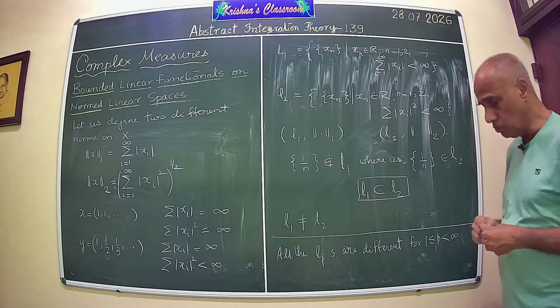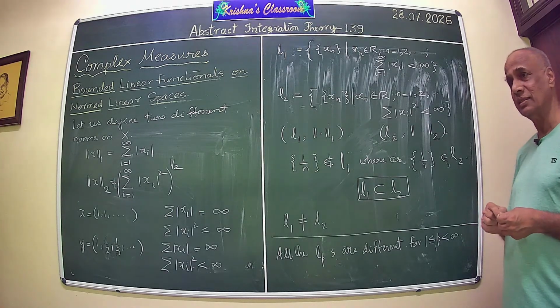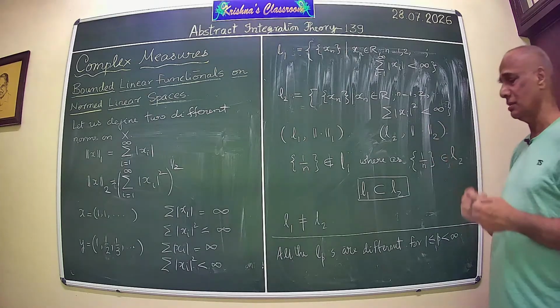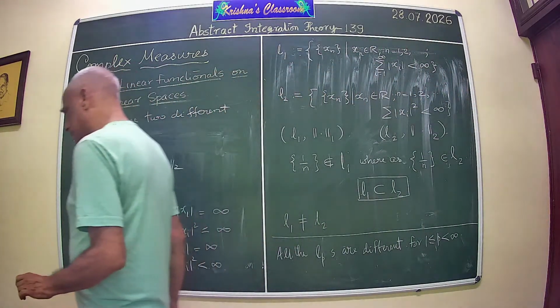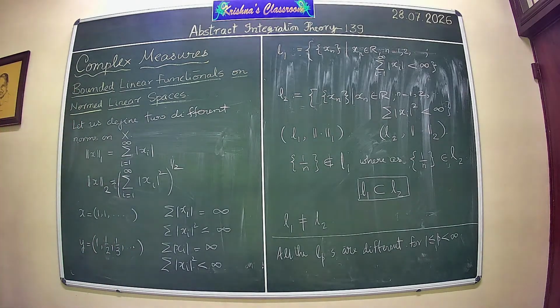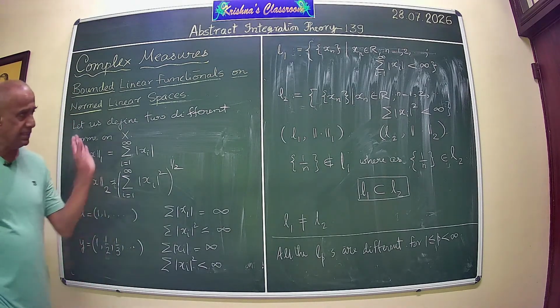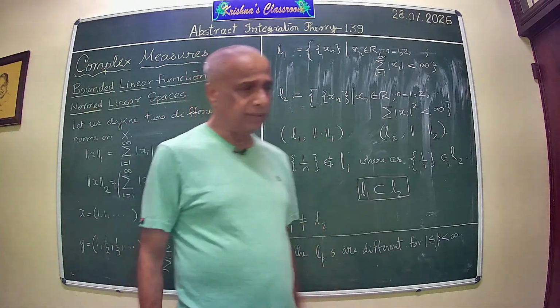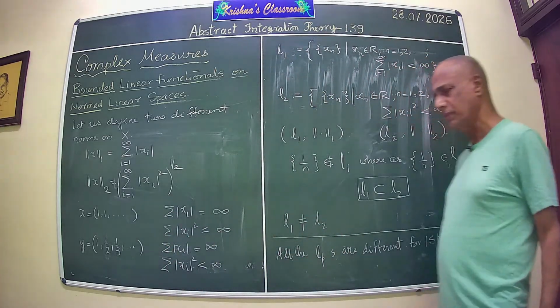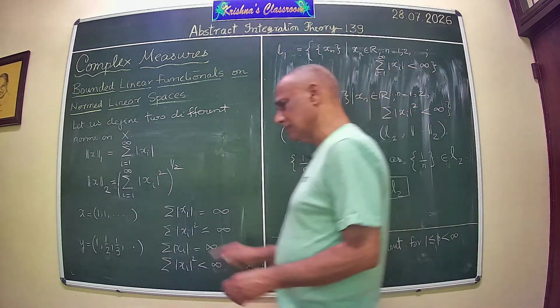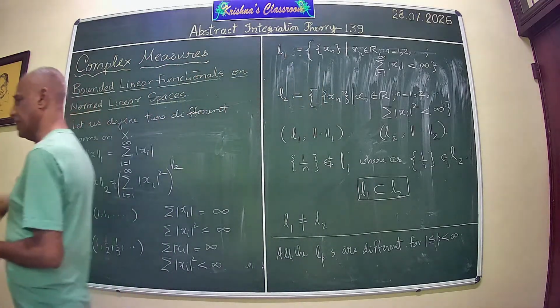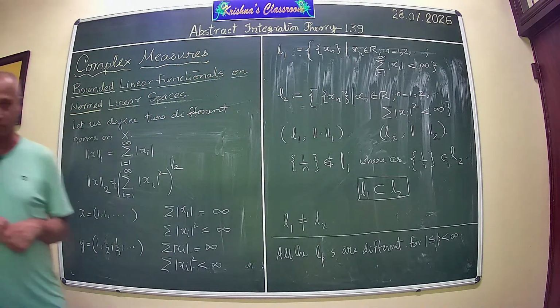And you ask the following question. Do you have a representation theorem as in the case of finite dimensional space? In the finite dimensional spaces, we have identified a finite dimensional vector space. Its dual can be identified with itself.